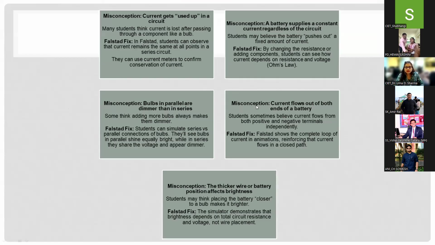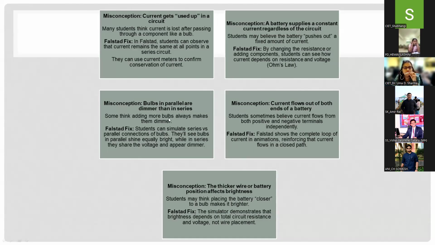Suppose the students think that current flows independently from both the positive and negative terminals. Falstad helps students understand how current flows and the basic nature of the circuit. For current to flow, the circuit should be closed; a complete loop is required. So it helps to understand the basic things required for the flow of current.